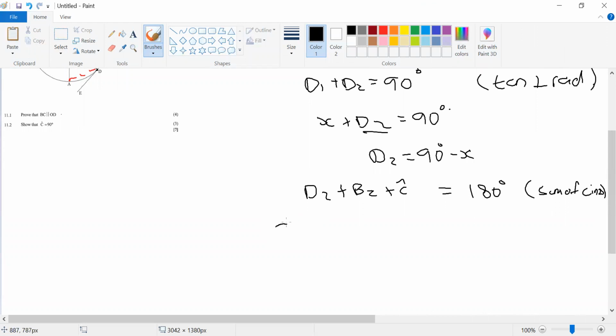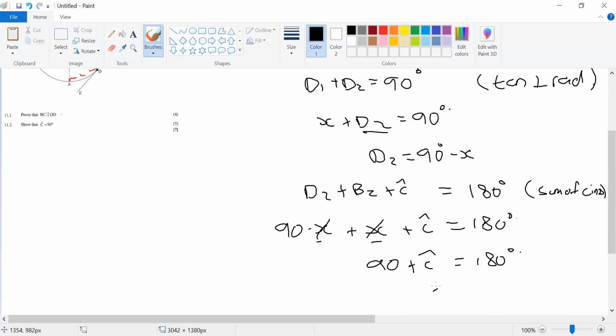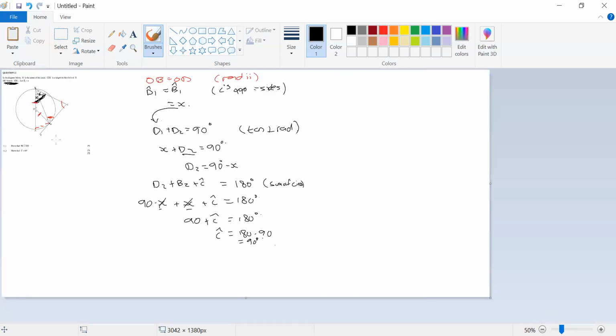And I know that D2 is 90 minus X. I know that B2 is X and my unknown is C. And now what I need to actually do is start simplifying this. So minus X plus X actually cancel each other out. And I have 90 plus C is equal to 180. And then C is equal to 180 minus 90, which is equal to 90. And that's exactly what we needed to prove in the question.